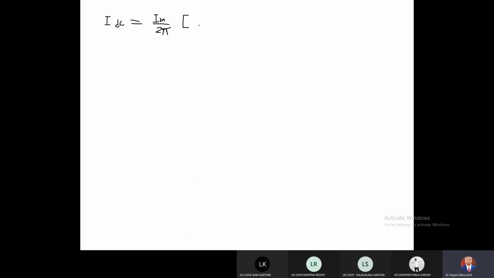So we will get minus cos θ, and limit is from 0 to π, right?